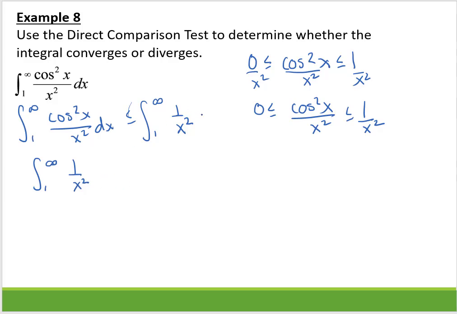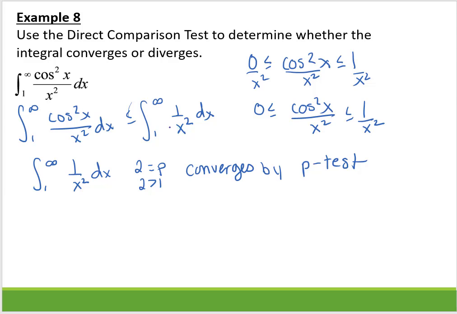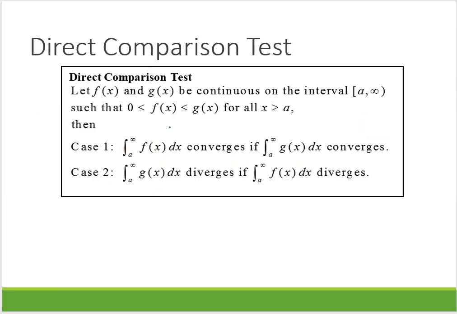So this integral, remember that p test that we talked about. Since 2 is equal to p and 2 is greater than 1, this converges by the p test. So my larger one, g of x, converges.